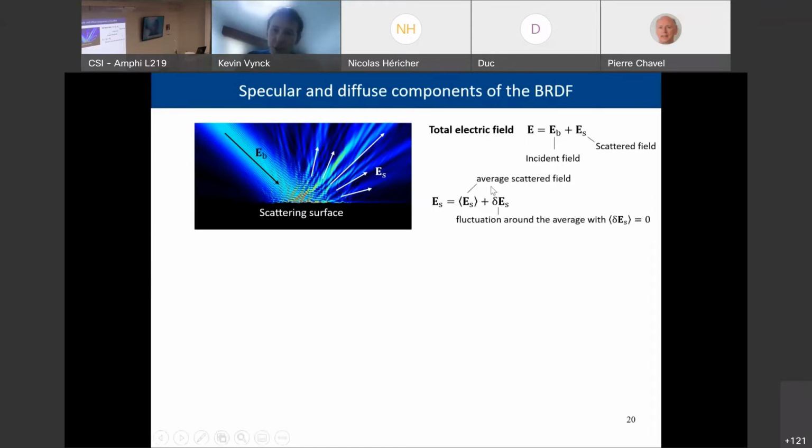By definition, this fluctuation of the scattered field has an average equal to 0. Okay, and this is important. Clear.